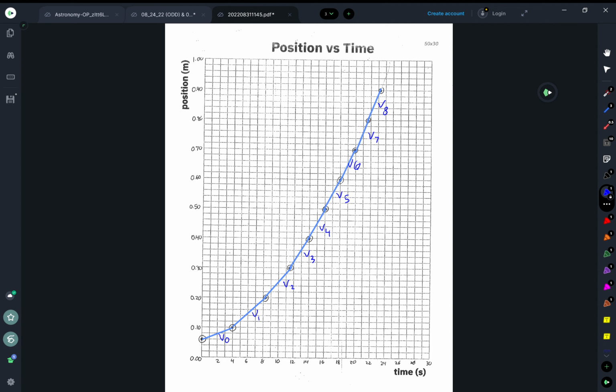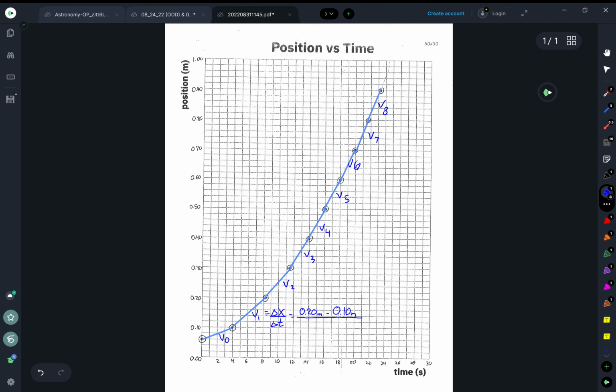So I'm going to actually do that for velocity 1. In order to calculate a velocity, it's going to be our change in position over our change in time. My position at the end of the secant for the velocity 1 region is 0.20 meters, and I start off that region with a position of 0.10 meters.